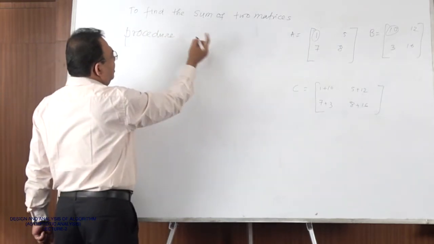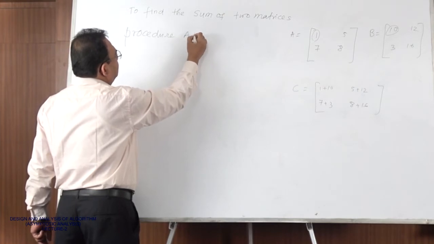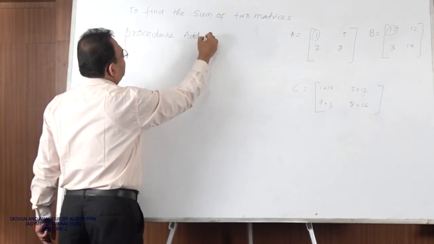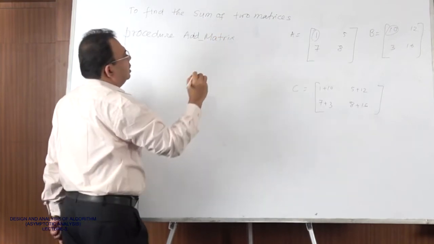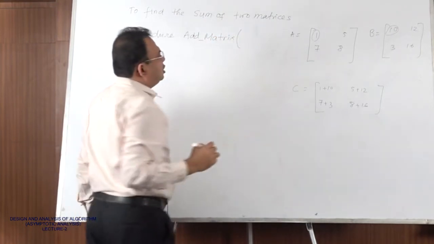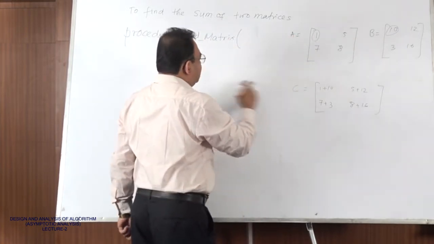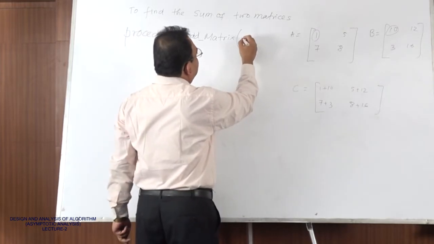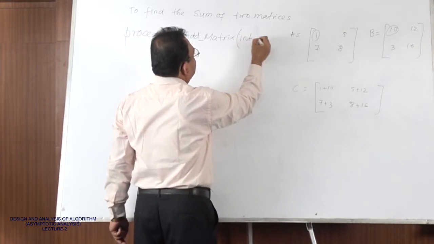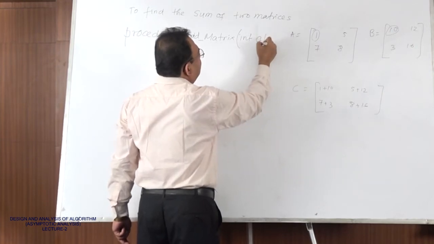Let us call this add matrix. And what is required to be passed? A and B are passed, and C will be declared locally and returned. So we are declaring a 2D array, integer A, small a.